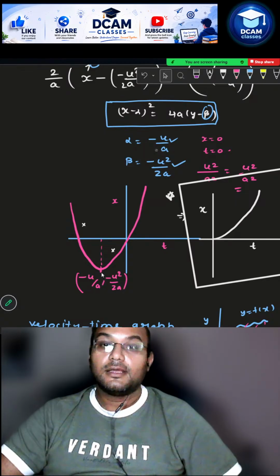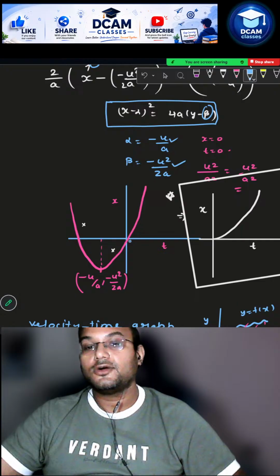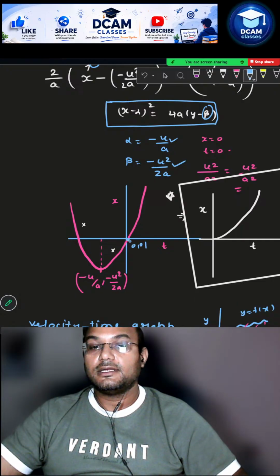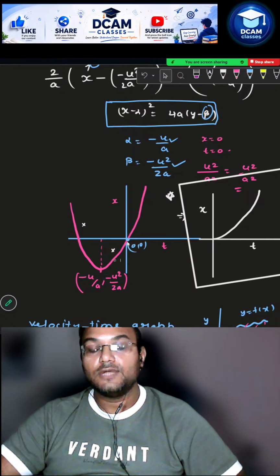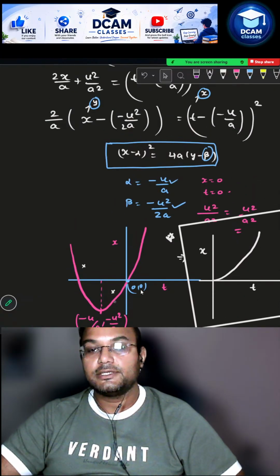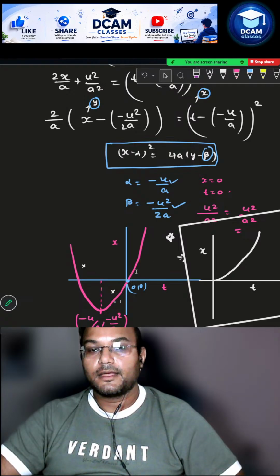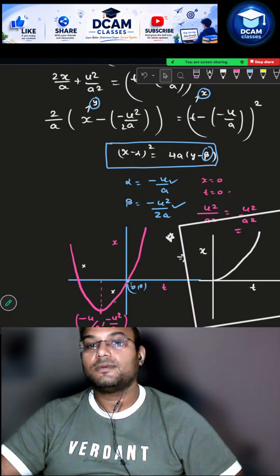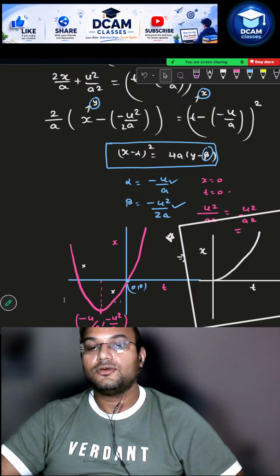Okay, understood. But now the question is whether it is passing through the origin or not, because this pink color graph is there. We cannot just assume it. It may pass, it may not pass. So to find out whether it is passing through 0, 0, you have to substitute x as 0 and t as 0 in the original equation. If the graph satisfies 0, 0, that means it passes through it.